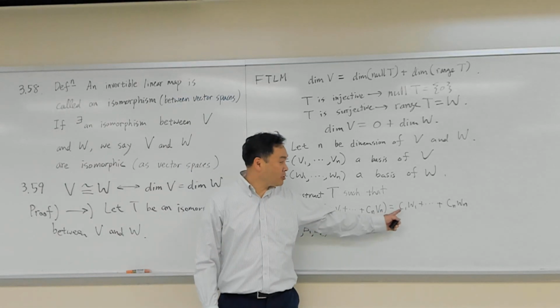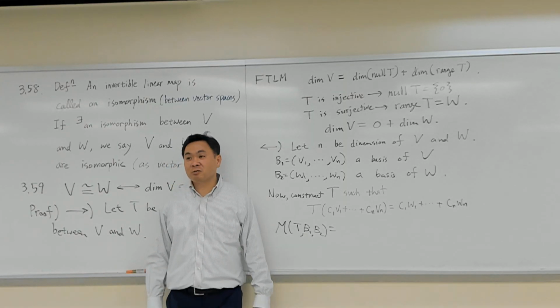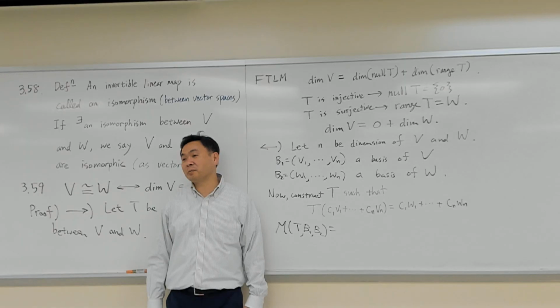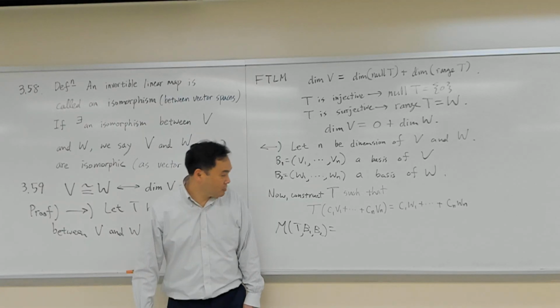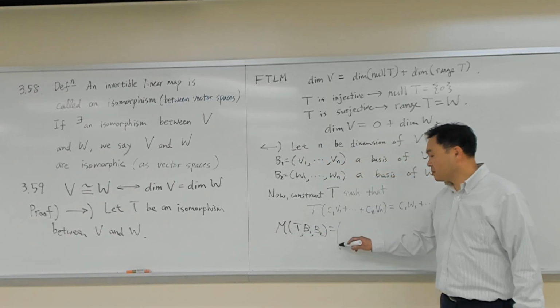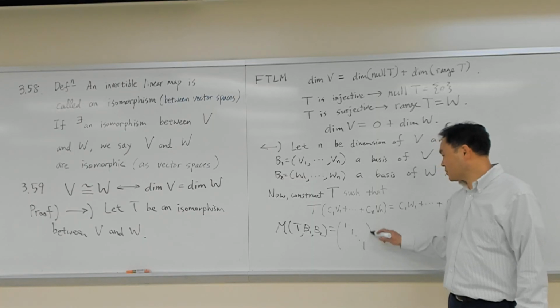Okay. If you plug in 1 and 0 everywhere, what do you get on the right side? W1. Just W1. So T of V1 is W1, T of V2 is W2, and so on and so on. If you write those equations down and write down the matrix, what do you get? Just the diagonal, 1, 0, yeah. Right?